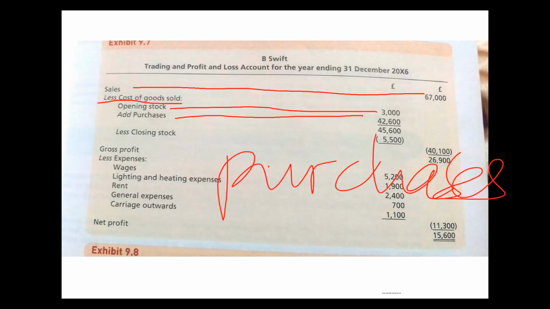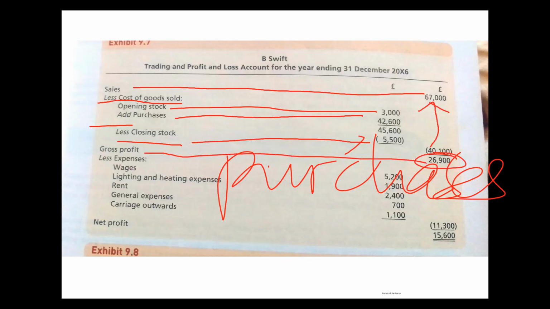If you have carriage inward, it will be added here. But if you don't have, you will not add. Then you will list the closing stock. The closing stock will be subtracted, and then you subtract whatever you have found from the net sales, and make the gross profit.